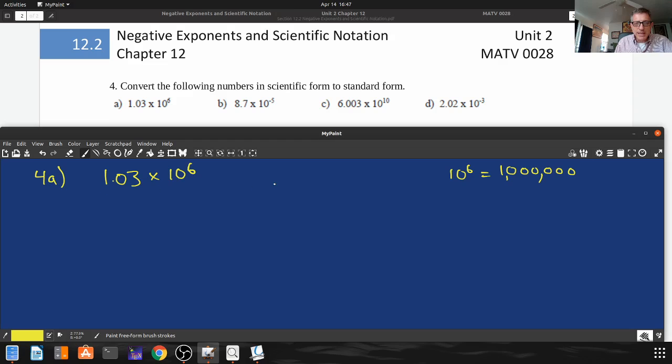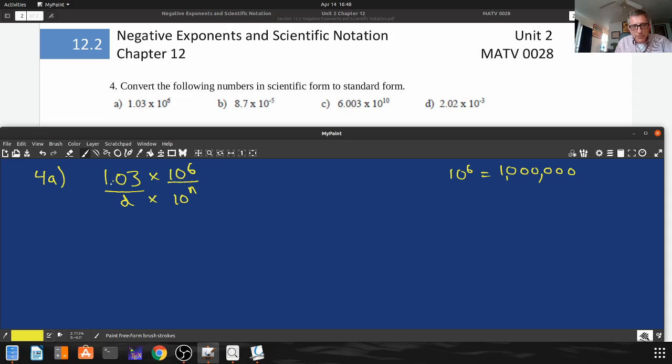And since this is my D value here, this is D times 10 to the n. And I already know, since I've been given a number in scientific notation, that D is always going to be greater than or equal to 1 but less than 10. So that means that whatever this number is here, it's going to be larger.